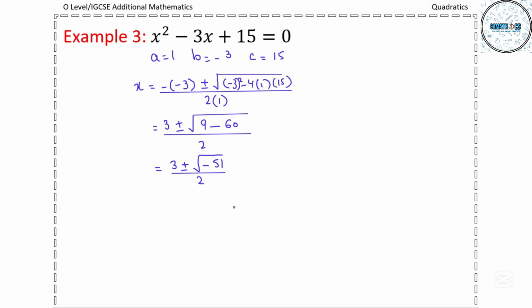We cannot simplify it further because there is a negative number within the under root sign. We can say that there are no real roots.